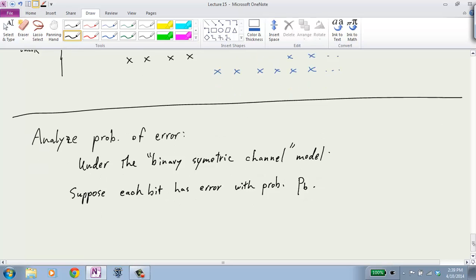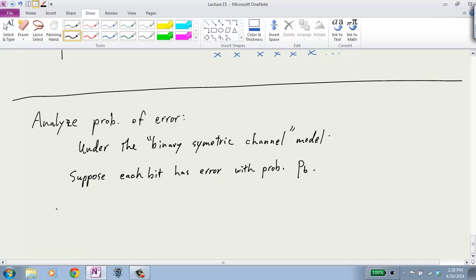All right. So for repetition, let's look at repetition 3,1. The probability of error in this block is that we have to have either 2 errors out of the 3 bits or 3 errors, right? If we have only 1 error, it gets corrected.